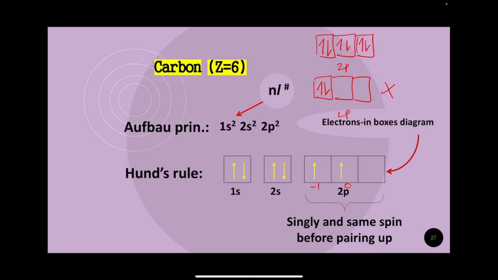Next we can do another example, using sodium, Z is equal to 11. Based on our example from the previous slide, 1s2 2s2 2p6 and 3s1. So this is the electron configuration for sodium.